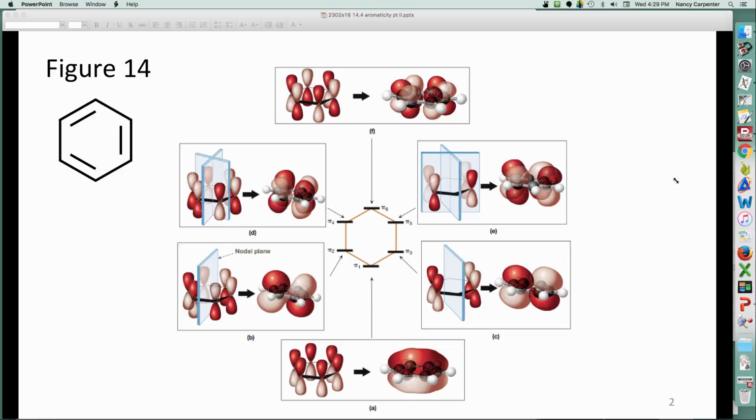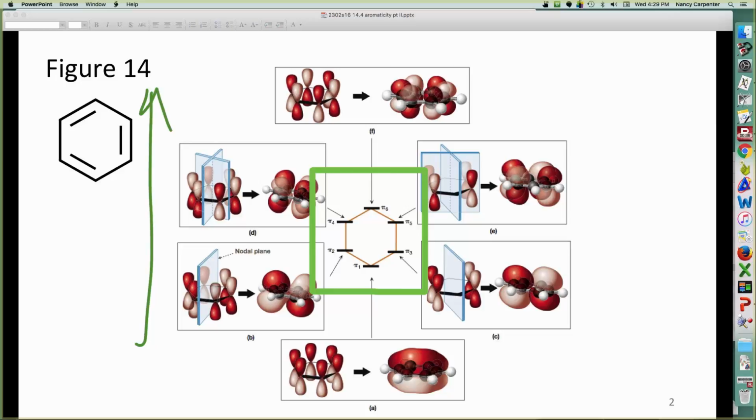So just to review, what we're looking at again are 6 p atomic orbitals, so therefore we have to have 6 molecular orbitals, and those 6 molecular orbitals are shown right here, and right here in the middle is the Frost circle and the indicated 6 molecular orbitals, or at least their energy levels. So here's the energy increasing bottom to top.